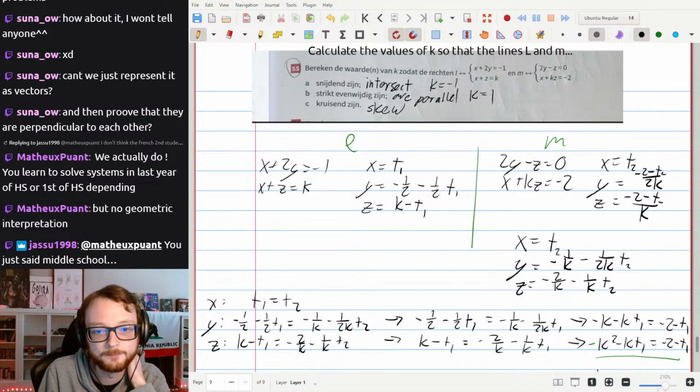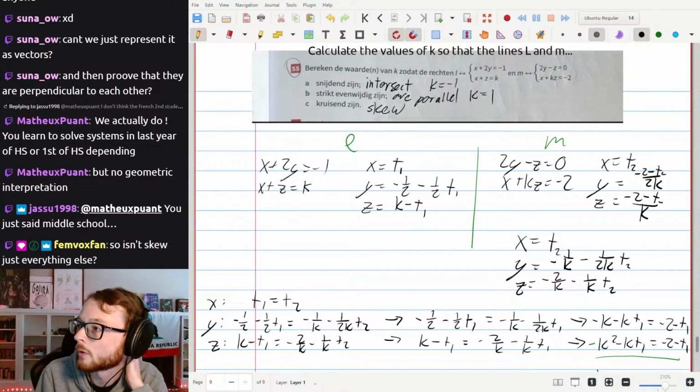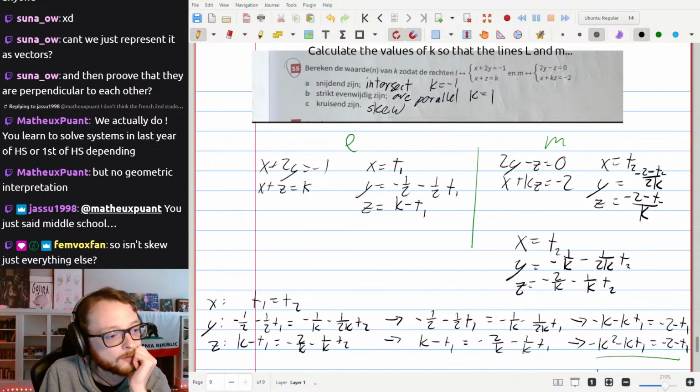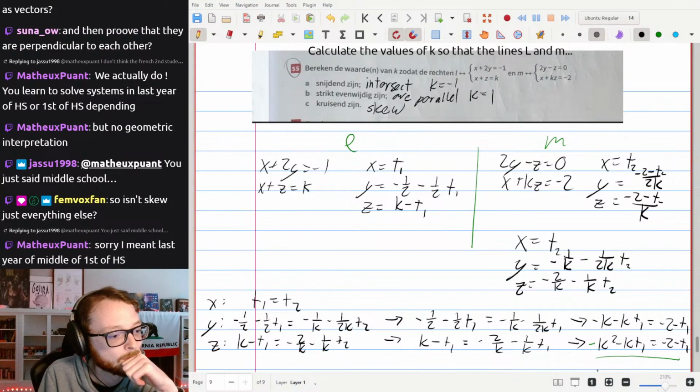But, what am I trying to say? If we needed perpendicular, we'd absolutely need a dot product here. But we don't have to, so I don't think we need to.